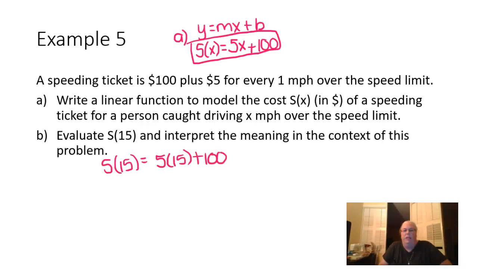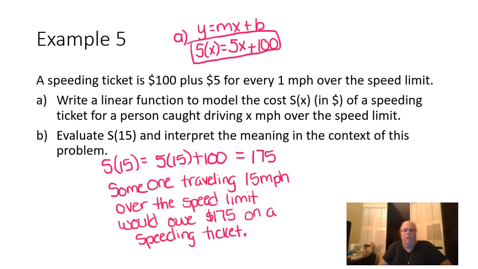Well, 5 times 15 is 75, and 75 plus 100 is going to give me 175. And so this means that someone going 15 miles per hour over the speed limit would pay $175 for their ticket. Then there we have it. Someone traveling 15 miles per hour over the speed limit would owe $175 on a speeding ticket.